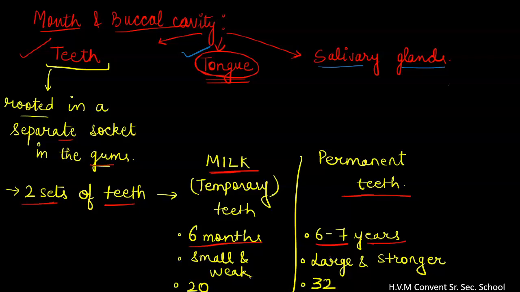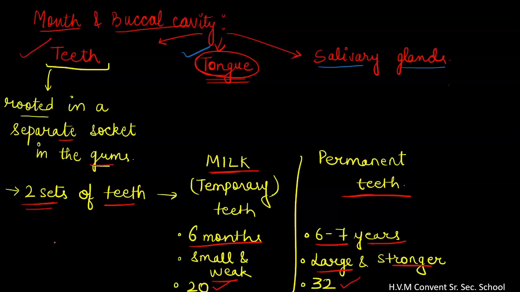If we compare them, milk teeth are small and weak, whereas permanent teeth are large and stronger. Milk teeth are 20 in number, and permanent teeth are 32 in number. So this is about the two sets of teeth.